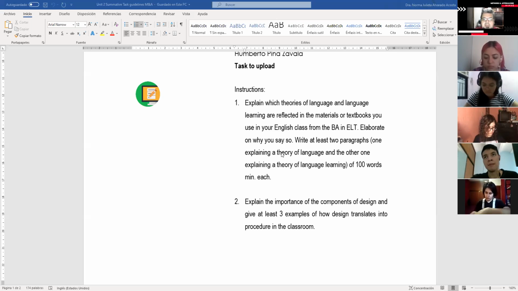Okay, so that's why I want you to analyze that textbook and say, the theory of language here is more social. It's about communication. The theory of language here is more functional because it's teaching you how to do different things, but without reaching that level of you on your own trying to come up with your own ways, your own answers.